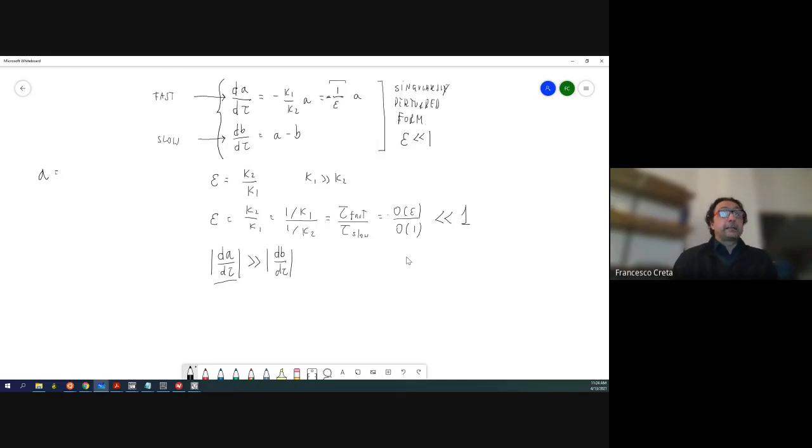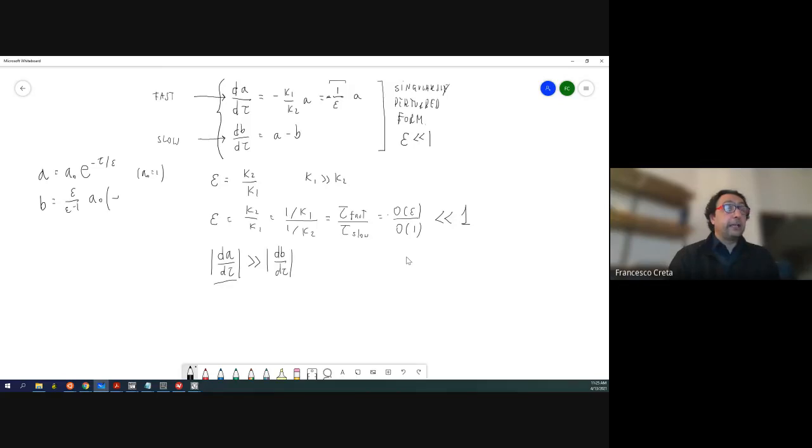It's still a linear system, so A will be A0 e to the minus tau over epsilon. A0, by the way, is simply 1 because it's the molar concentration of A divided by the initial. And B, we can write it as epsilon minus 1. Okay, this is the complete form.